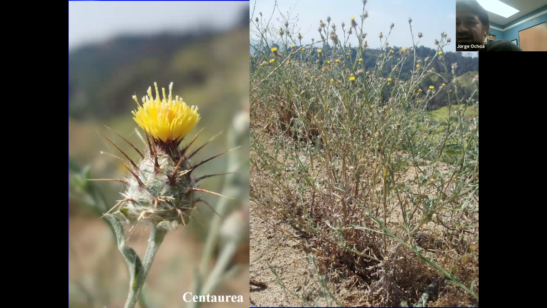Here we have Centaurea, the tecolote, or sometimes referred to as yellow star thistle. And the thistles are going to be hated because you can see out of the bud, there are very sharp spines or prickles.